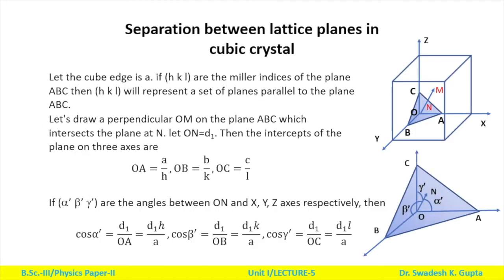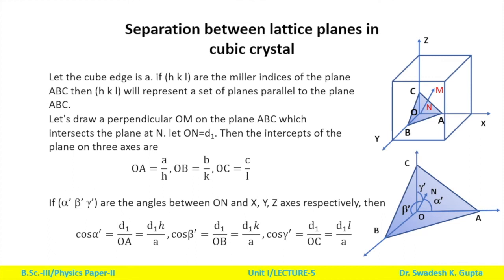Now coming to the separation between the lattice planes in a cubic crystal. Let's say we have a cubic crystal with lattice constant a, and hkl are the Miller indices of the plane ABC as shown in the figure. Then it will represent all the sets of planes parallel to this plane ABC.